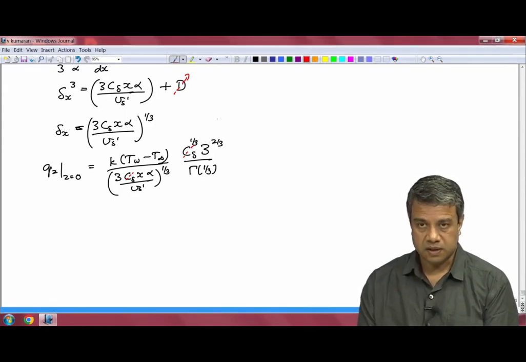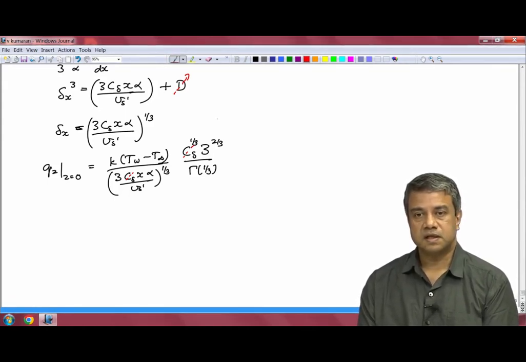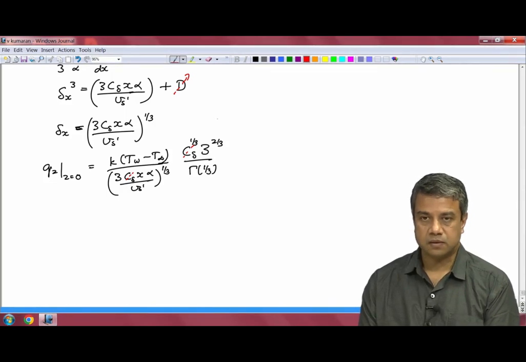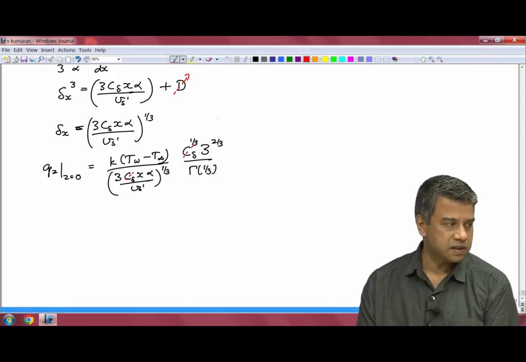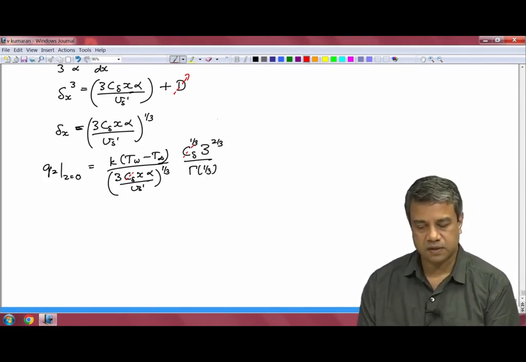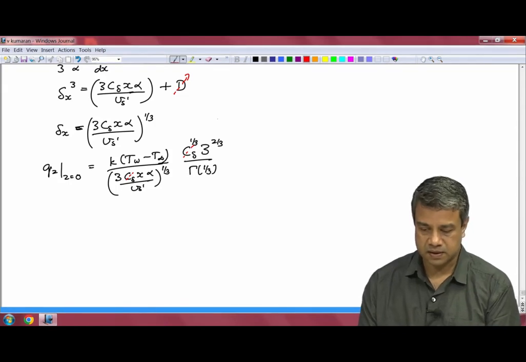As I told you earlier, the expression in terms of the similarity variable eta will depend upon C delta, the constant that we have assumed. The final expression for physical quantities like the temperature and the flux will not in general depend upon C delta.